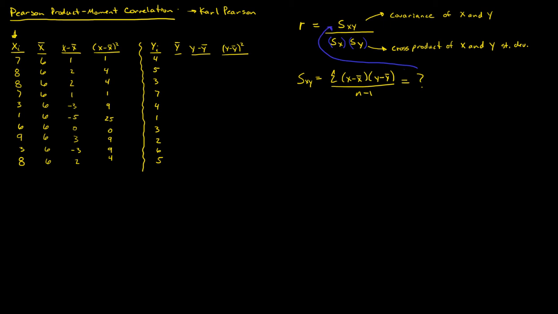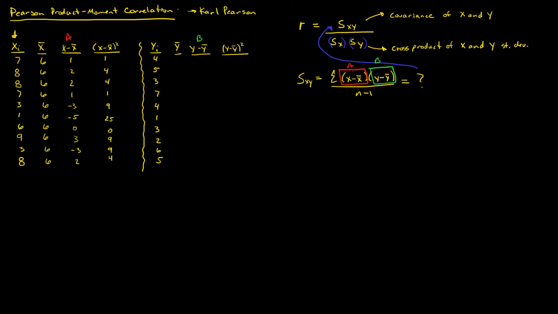So what is the x minus x bar? This piece right here, let me highlight it in red. This x minus x bar piece, we'll call A, is this piece right here. And let's do the other one in green: this y minus y bar piece we'll label B, and that's this piece right here.